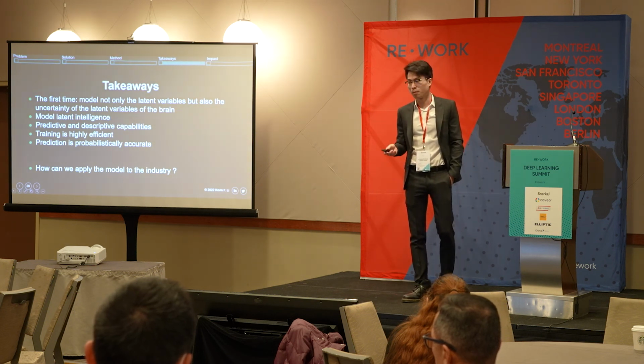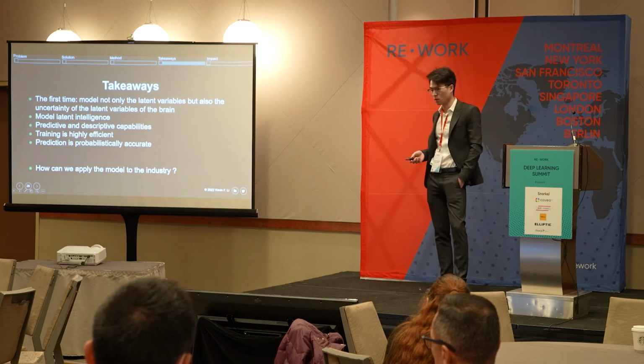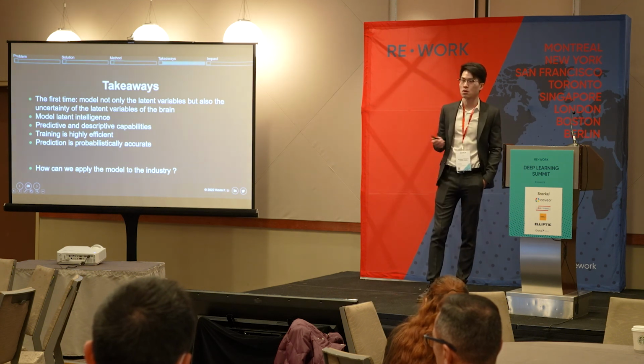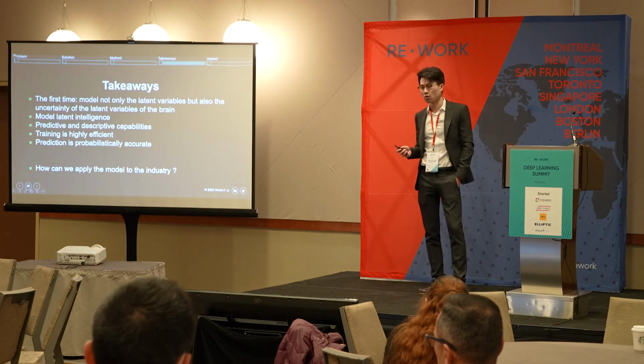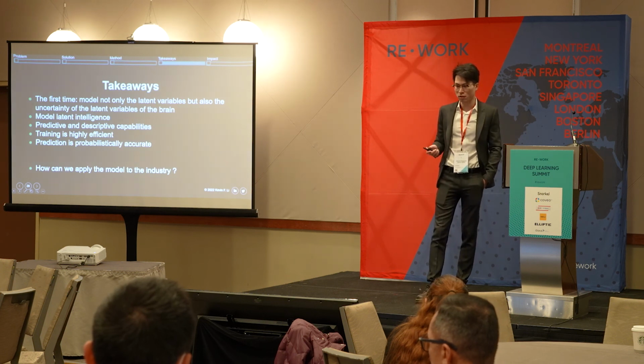Since we did software optimization and hardware optimization, all this training is highly efficient. And from the Bayesian model, we learned that the predictions are now probabilistically accurate, so we no longer need to rely on, for example, cross validation and seeing the variance from there.